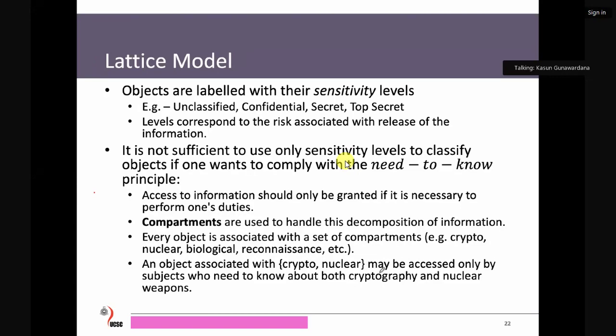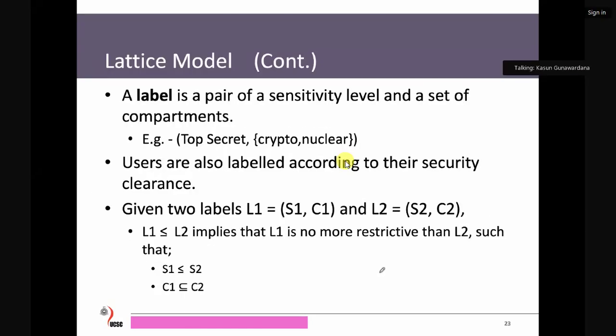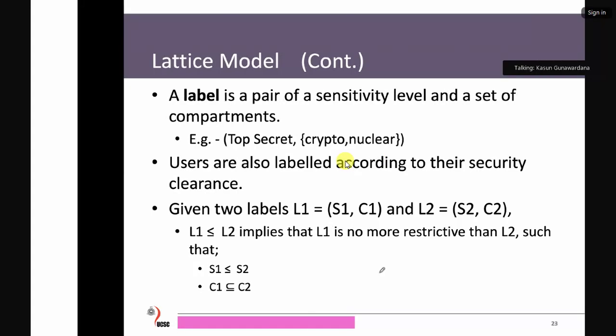So those who really want to know about crypto and nuclear will have this access. That is what we call the need-to-know principle. So in a typical lattice model, a label is a pair of a sensitivity level and a set of compartments.